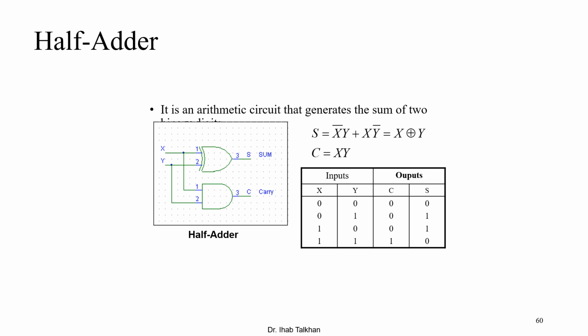So there's no need for any type of optimization or K-map. This is what the half adder looks like. S is x XOR y, which equals x bar y plus x y bar, and C equals x y, and this is the minimum hardware to build what's called the half adder.